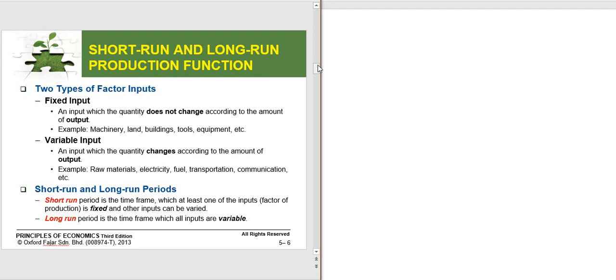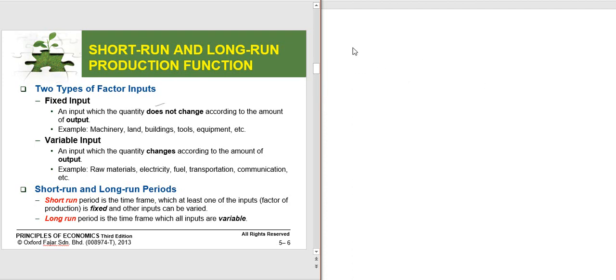If you produce 1,000 units of your product, 2,000, 10,000, or zero production, you still will have the same number of machinery in your production. And then land and buildings. If you have one building, you can produce 5, you can produce 1,000, you can produce 100,000. So the number of buildings will remain the same. So that is what we mean by fixed input.